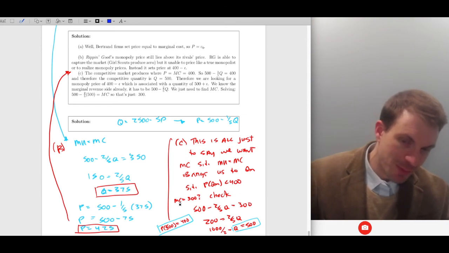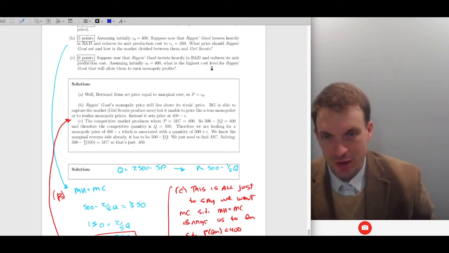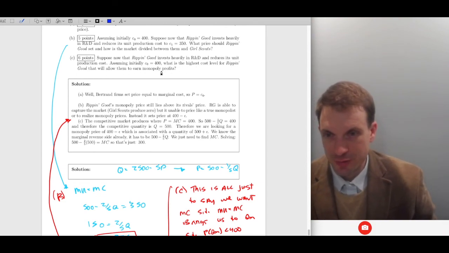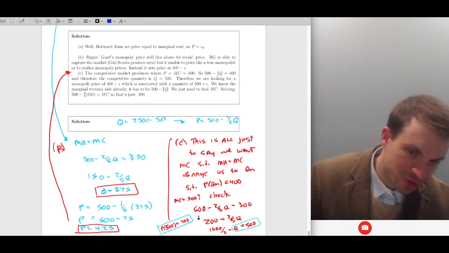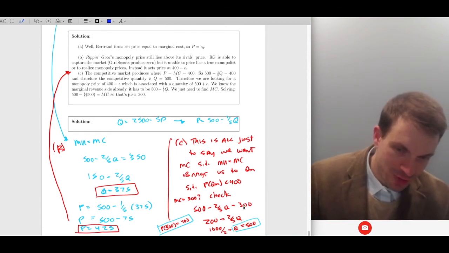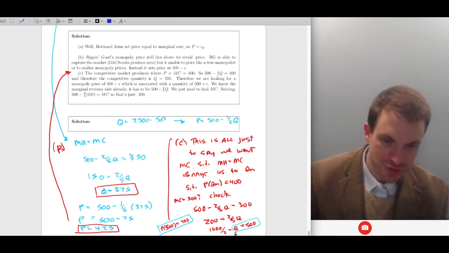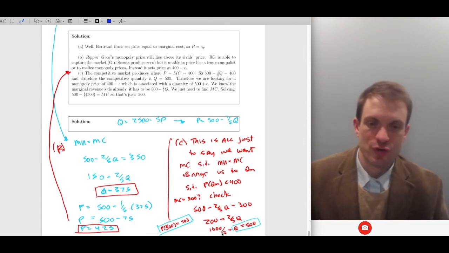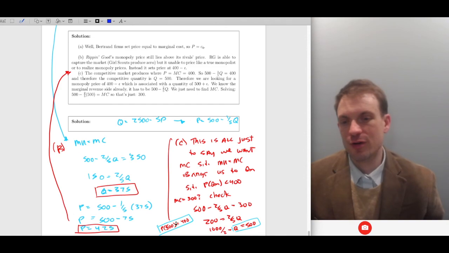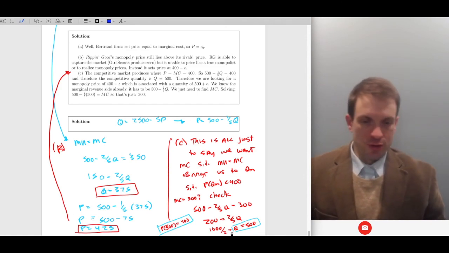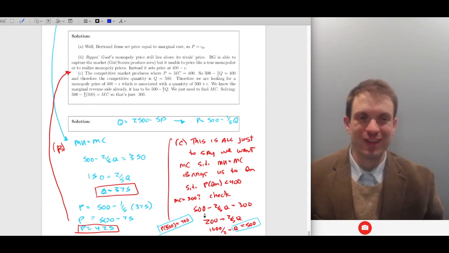So let's check what happens with the marginal cost at 300. I was asking what's the highest cost level for Rip and Good that allows them to earn monopoly profits. Set this equal to marginal revenue and solve. So this is going to be 200 equals 2/5 q, or 1,000 over 2 is equal to q. Sure enough, this is that quantity, 500, and evaluating the demand curve at a quantity of 500, the associated price is 400.